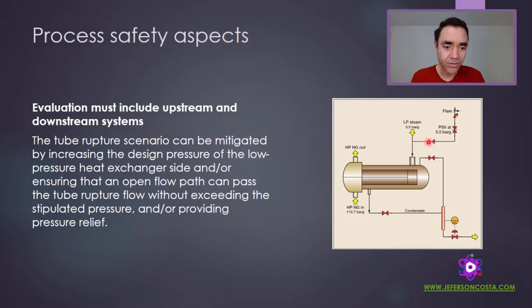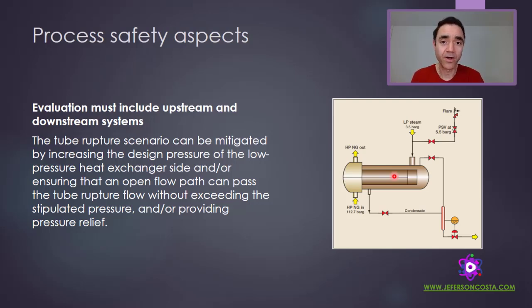If I do not guarantee that these regions in my shell and tube heat exchanger, my pipes and my valves are able to handle the design pressure of the equipment, I will have a rupture in the same way.